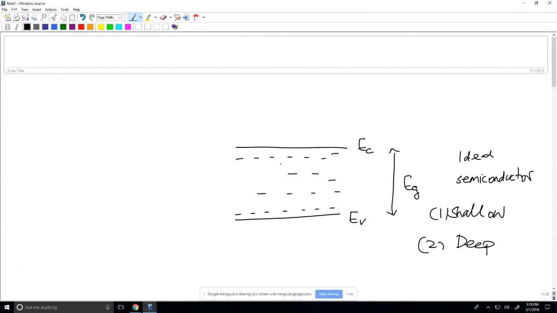If I have a shallow state, for example in the case of n-type doping, we know that usually leads to an increase in conductivity. On the other hand, the presence of deep states, especially trap states, can trap electrons and holes. An electron, instead of going to the conduction band, can go and get trapped here, and then depending upon the lifetime of the electron there, it can affect the carrier concentration.